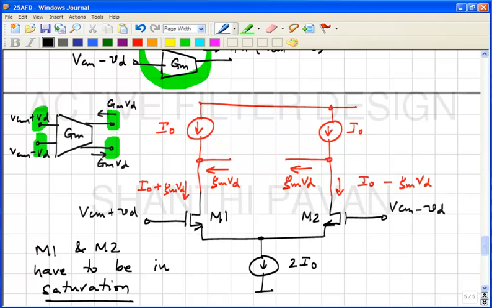And we were wondering, what is the easiest value of VD to pick? You can pick anything, right? VD is 1 millivolt, 1.4 millivolts, 5 millivolts, everything. But it seems like the easiest thing to do is to pick VD equal to 0. Definitely if M1 and M2 are not in triode for 0, it's a fat chance that they will be in triode for some other VD.